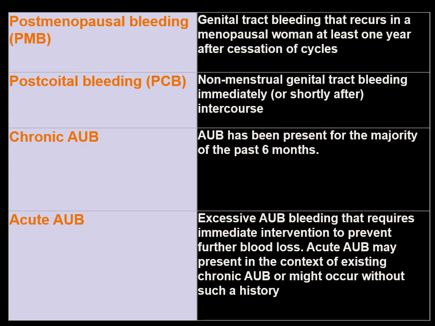Postcoital bleeding is non-menstrual bleeding which occurs after intercourse. Chronic abnormal uterine bleeding is when the problem lasts for 6 months or longer. Acute bleeding is when bleeding requires immediate intervention to prevent further blood loss. All of these are under the umbrella of abnormal uterine bleeding.